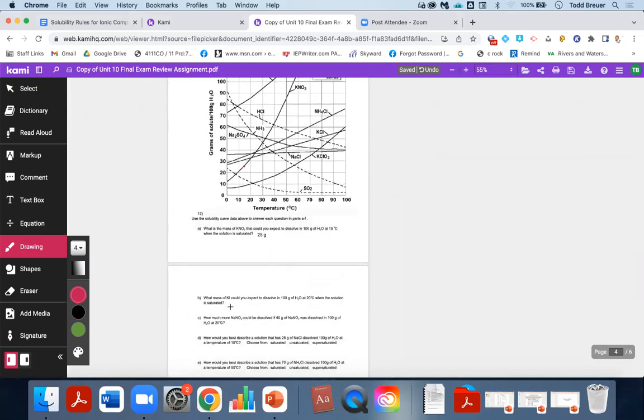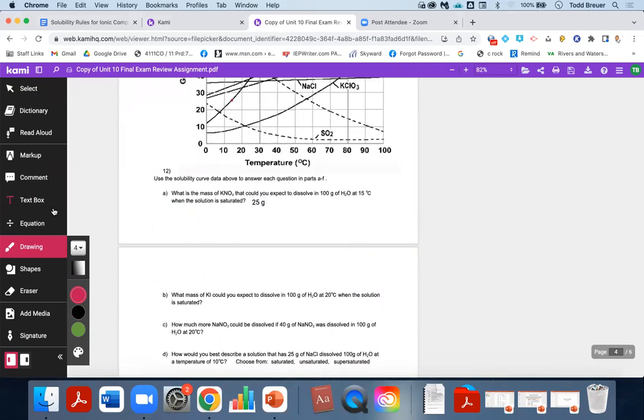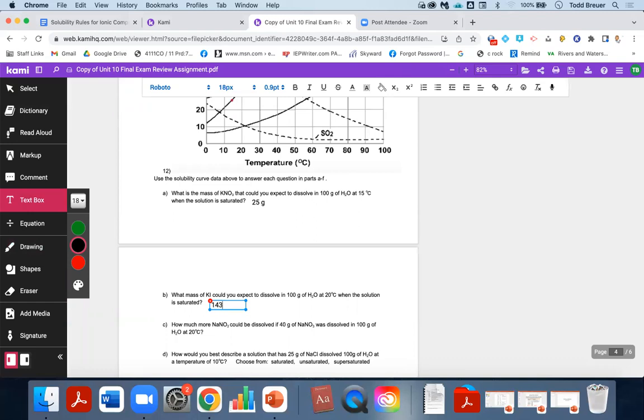So we'll say that's somewhere about 143 grams when we have a saturated solution. Anything less than 143 grams means there's still room to dissolve more. But in this particular context, it said, what amount could we expect to dissolve if we had a saturated solution?